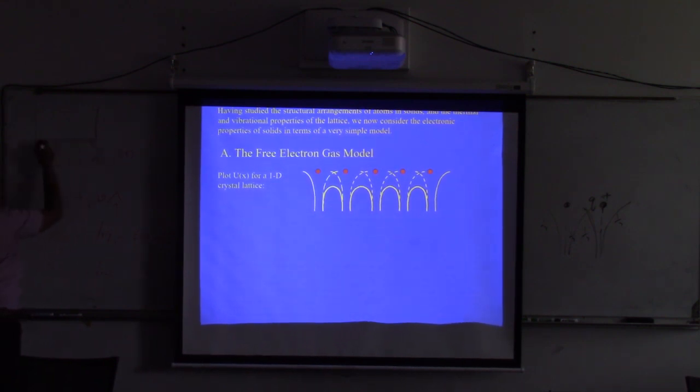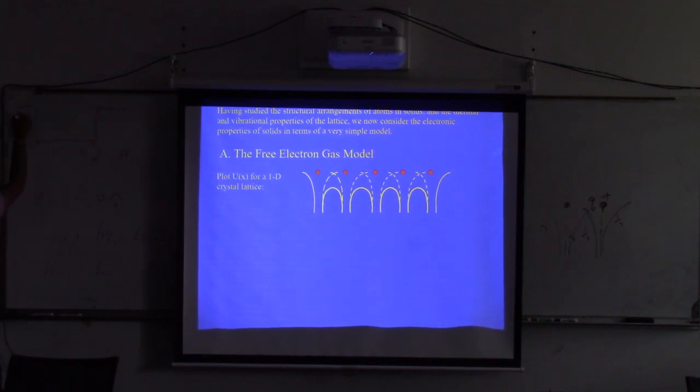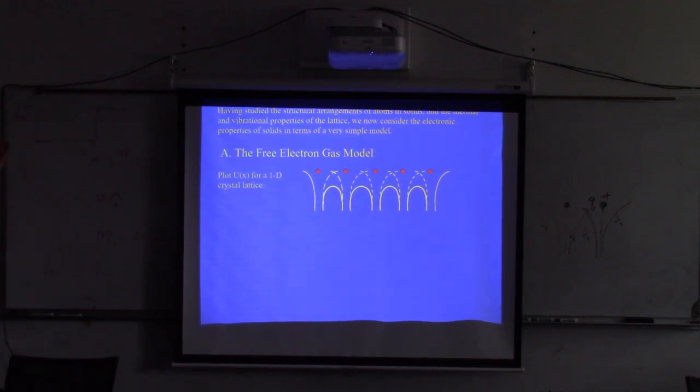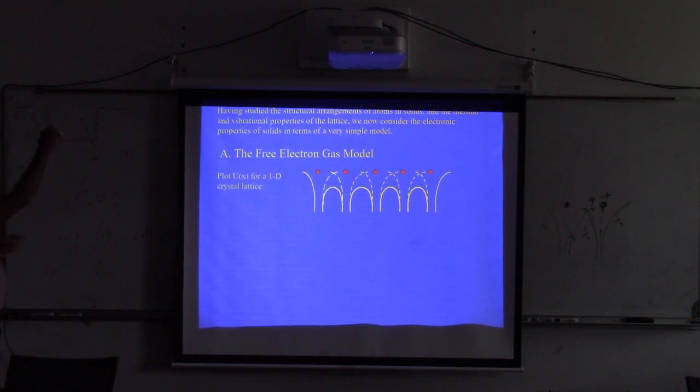Ideally you would consider this kind of potential relative to some reference energy, but here we completely consider this potential to be 0. That's very crude, but it makes everything so easy.